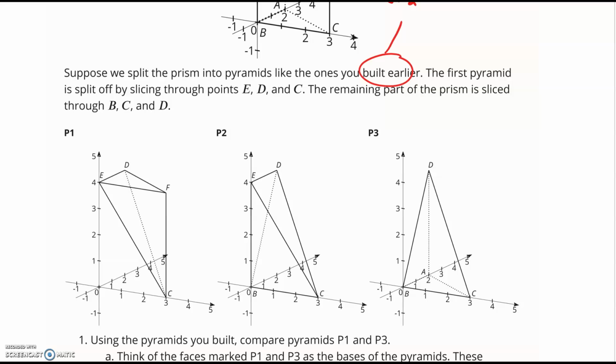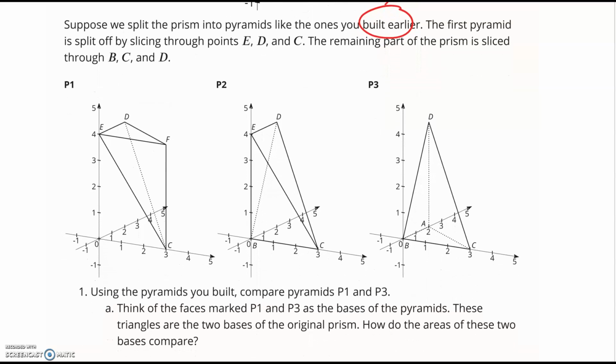Okay, so using the pyramids that we built, compare pyramids P1 and P3. So if we think about it, pyramid P1 can be this pyramid, and this face on the top was P1, and P3 is this third pyramid, and this face on the bottom is P3.